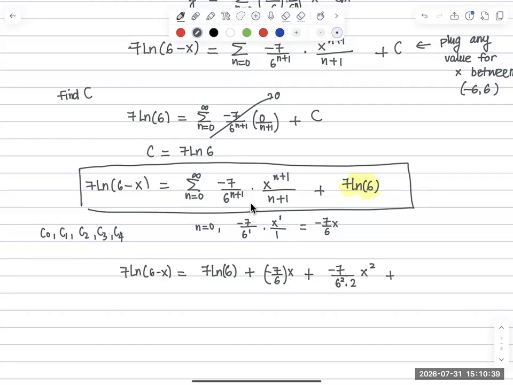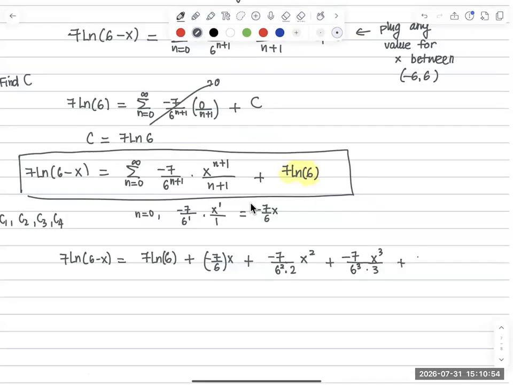And then when n equals 2, I just put in 2. So -7/6 to the power 3 times x to the power 3 over 3. And then the next one will be -7/6 to the power 4 times x to the power 4 over 4. And we need C0, C1, C2, C3, C4.